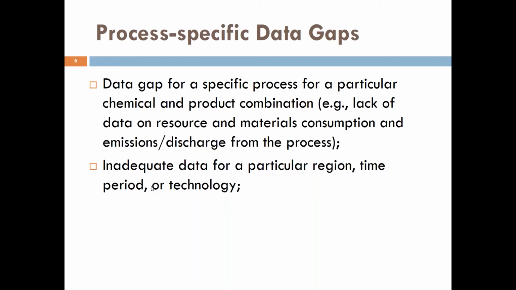There are two types of data gaps that are discussed in the AA guide. One is process-specific data gaps, process-related data gaps. So data gaps for a specific process, for a particular chemical or product combination, for example, lack of data on resource and materials consumption and emission discharge from the process.